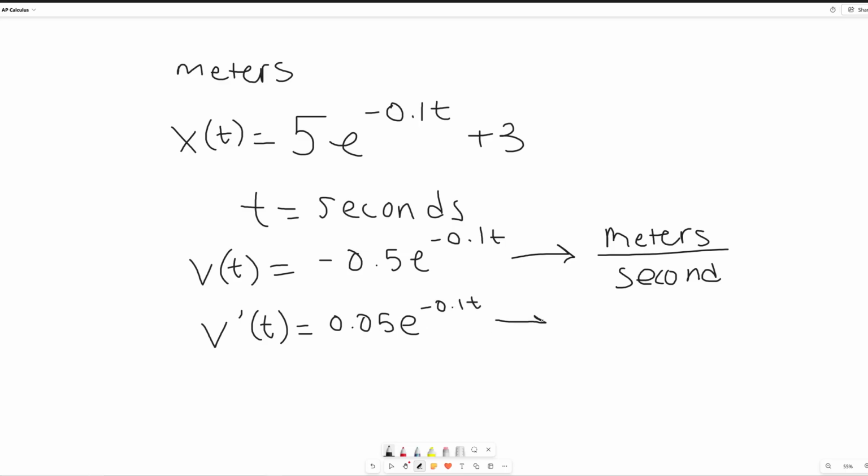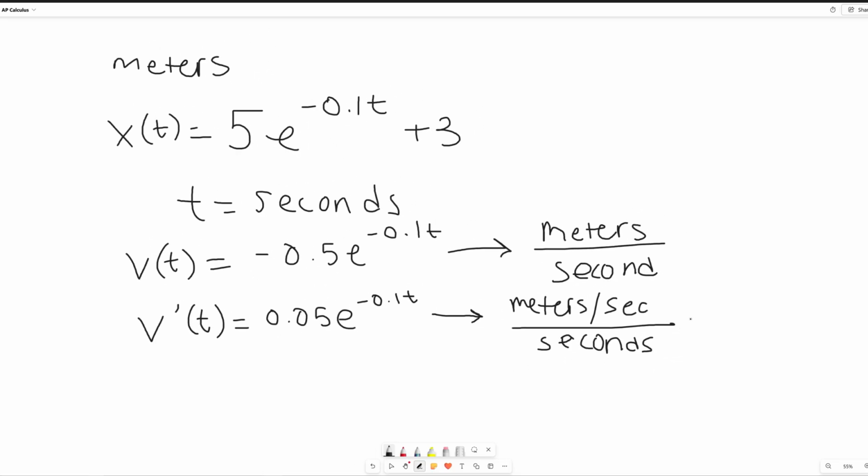And now we have meters per second, because our time t is still in seconds, so we just divide by seconds again, which is meters per second squared, which coincidentally is acceleration.